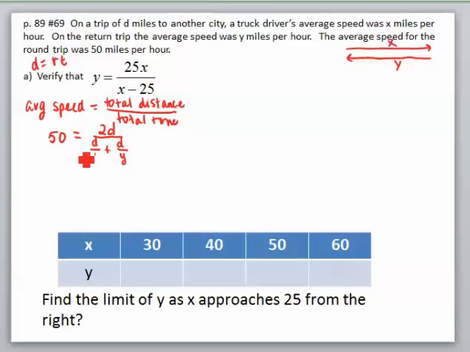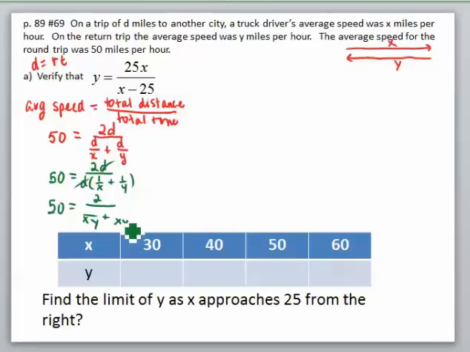Now what I want to do is go ahead and simplify this. I'm going to change colors. I can actually take out a D out of each one of these. So I've got 2D over D, 1 over X plus 1 over Y. And so my D's cancel. Then what I can do is make a common denominator and be able to add those two fractions together.